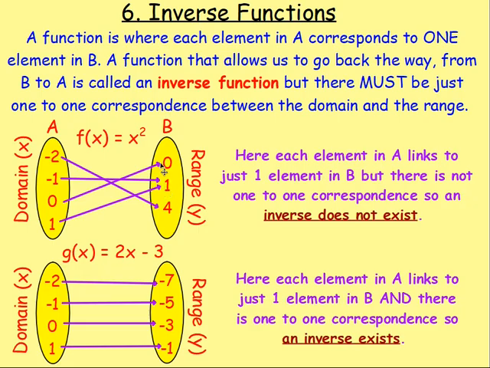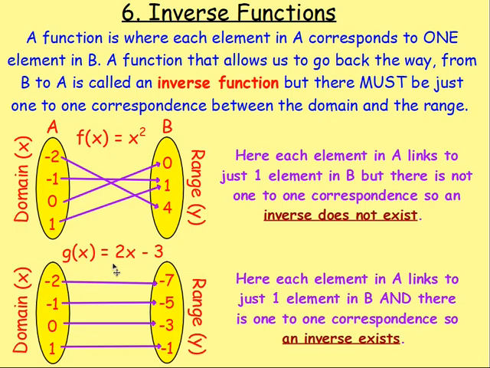But going back the way, well, 0 only links to 0, so that's fine. The 4 just links to negative 2, so that's fine. But the 1, it links to negative 1 and 1. There is not one-to-one correspondence, so an inverse will not exist.